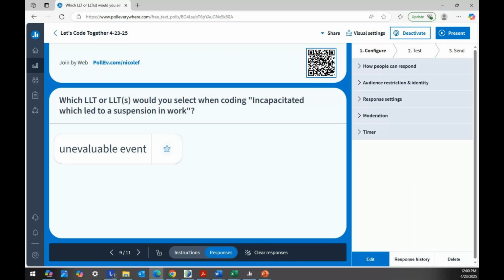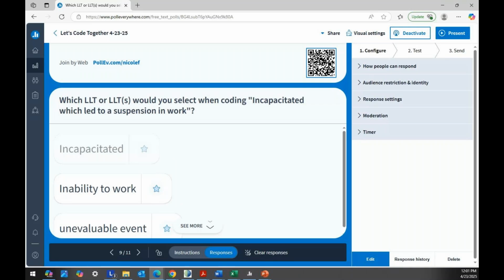All right, unevaluable event. Okay. And also don't forget, maybe you do need to issue a query if you think so. Okay, inability to work.